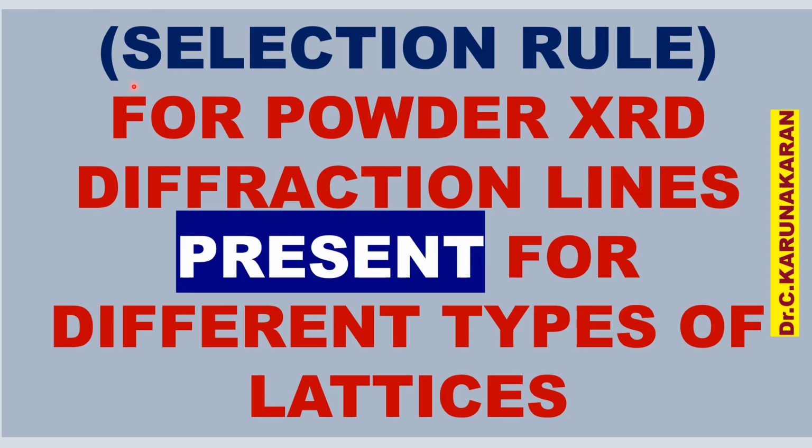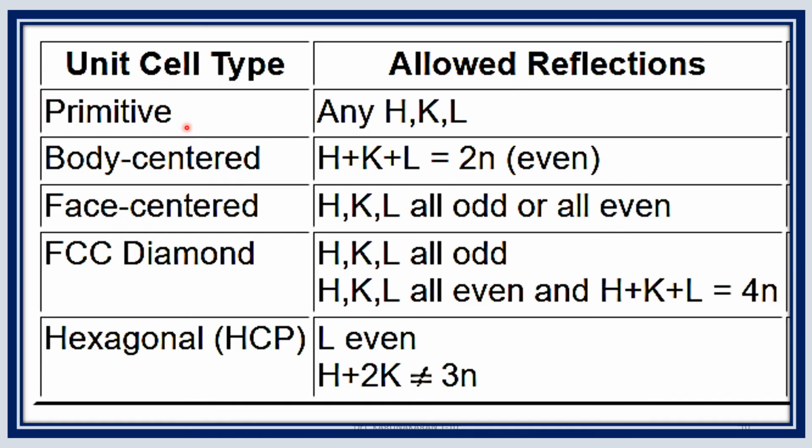In general, the selection rules for powder XRD diffraction lines present for different types of lattices are tabulated as shown here. As I said earlier, for primitive lattice, any hkl lines will be allowed. For body-centered, h plus k plus l equal to even.